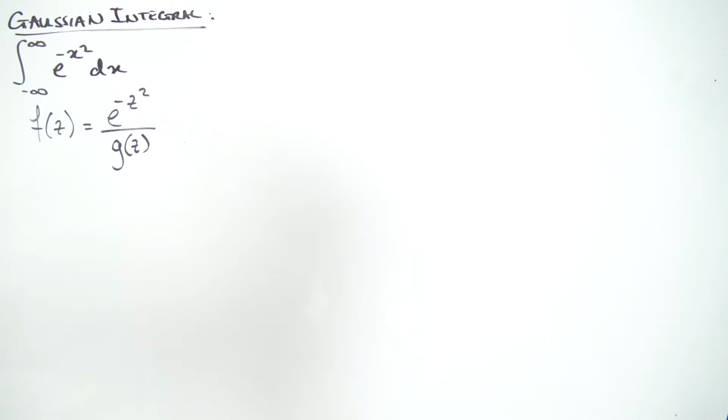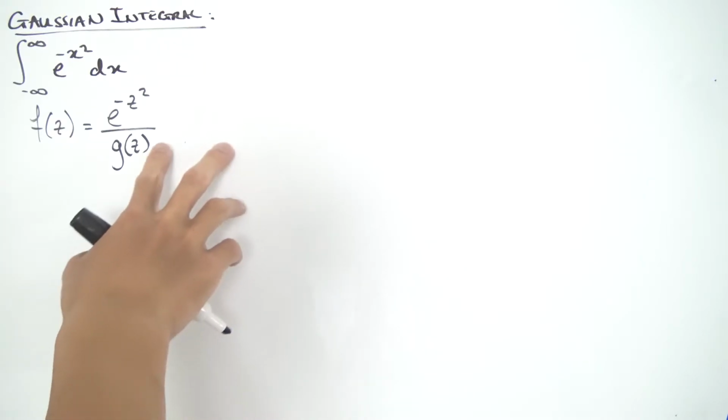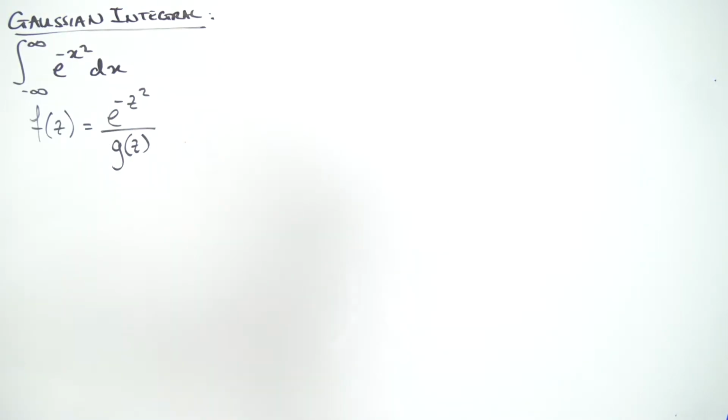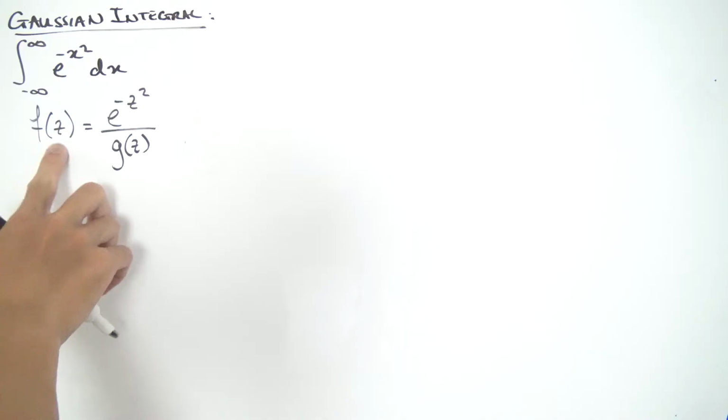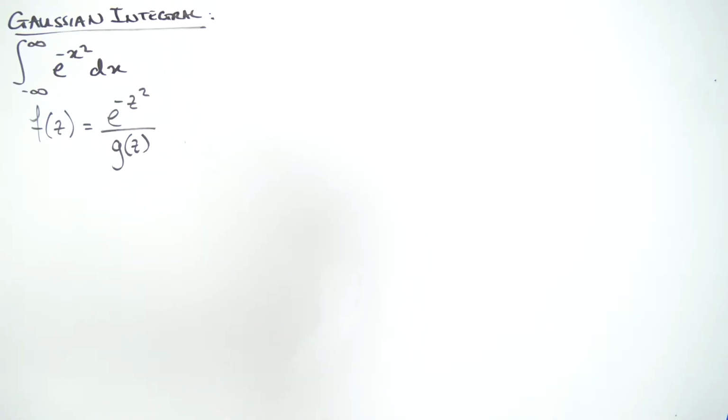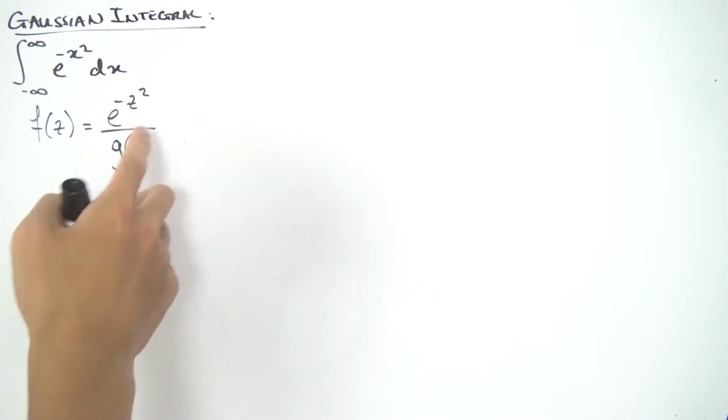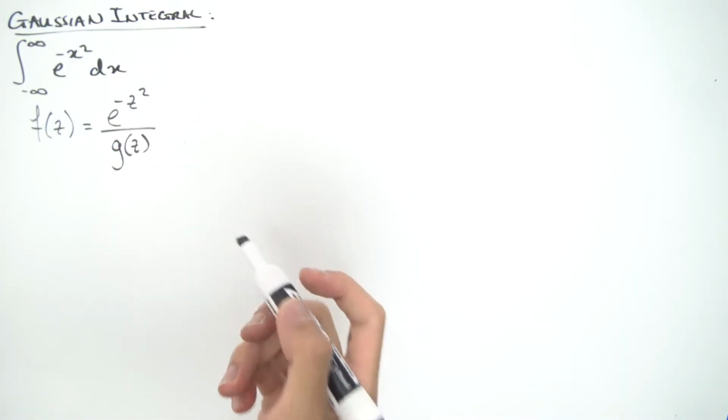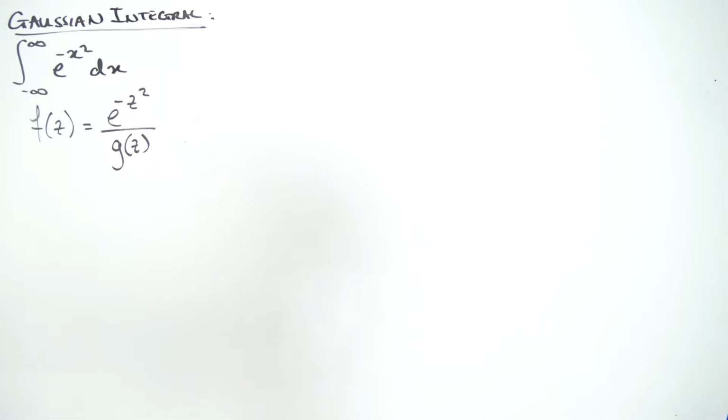So maybe we can take advantage of that for whatever our g happens to be. We'll figure that out later on. We can take advantage of that in order to use the residue theorem for f of z later on. So we'll just define f of z like this for now. We'll worry about more details later on, but let's take a look at the contour we might be using.